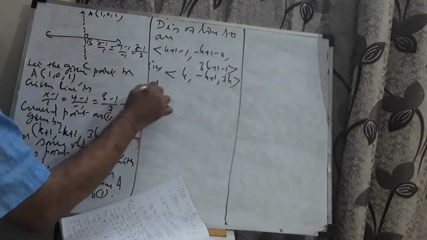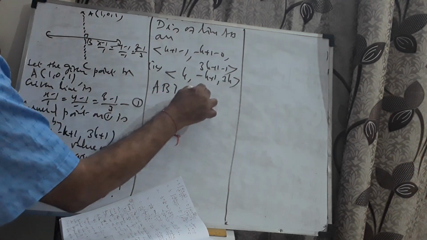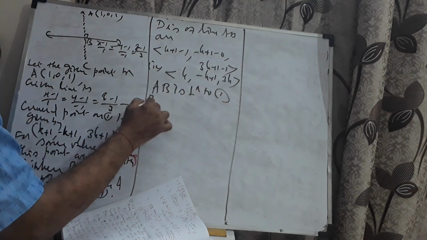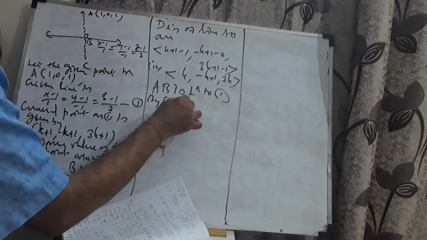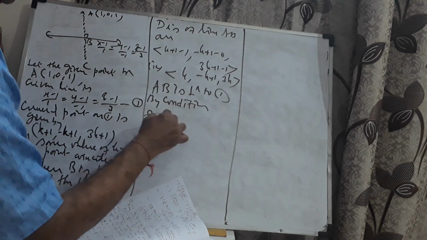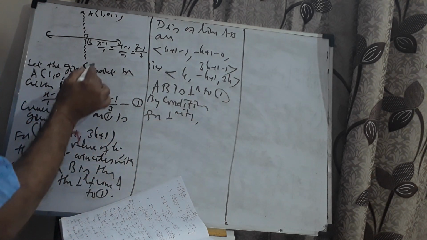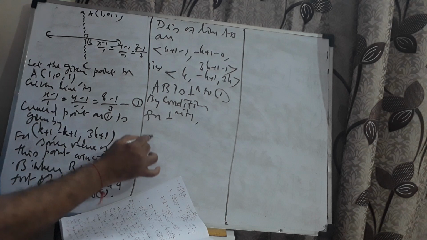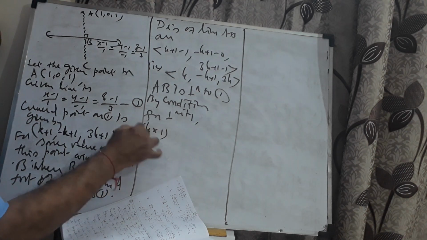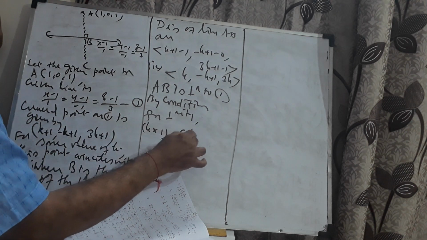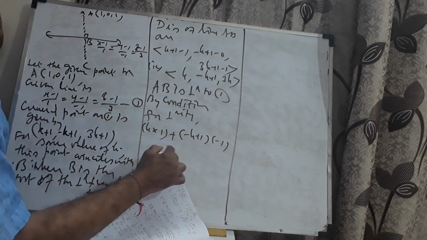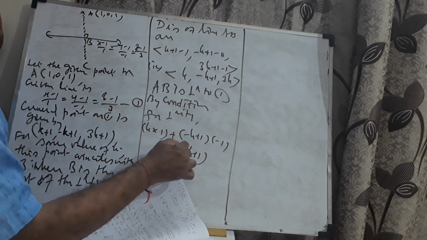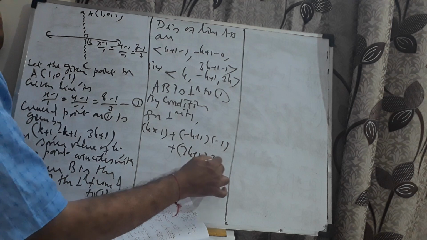Therefore, AB is perpendicular to l. Therefore, by the condition for perpendicularity, what do I get? DRs here will be (1, minus 1, 3). Therefore, k into 1 plus (minus k plus 1) into minus 1 plus 3k into 3 is equal to 0.